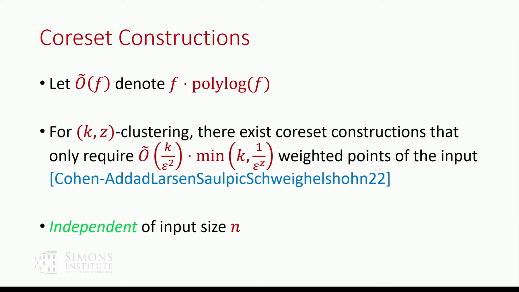But the key point is that this is independent of the input size n. So this result is telling us that there exists some subset of the input that is completely independent of the original input size, and somehow it preserves all the important properties that we care about. And so hopefully this makes more sense as motivation for why I want to study this in the streaming model.